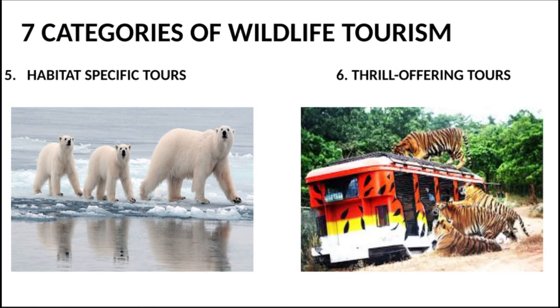And the next one is the thrill offering tours. So, from the word itself, thrill. So, these are the dangerous animals. Okay? They are being enticed to engage in a spectacular behavior. Of course, for the viewing pleasure of the tourists. So, example nga po niyan yung nasa picture is the Subic Safari. Okay?